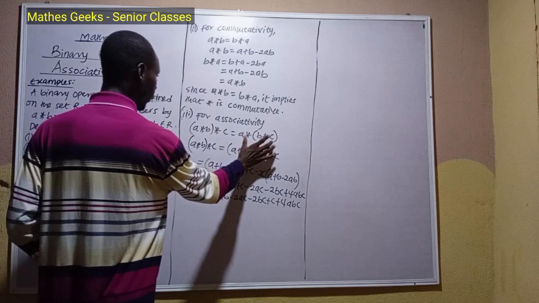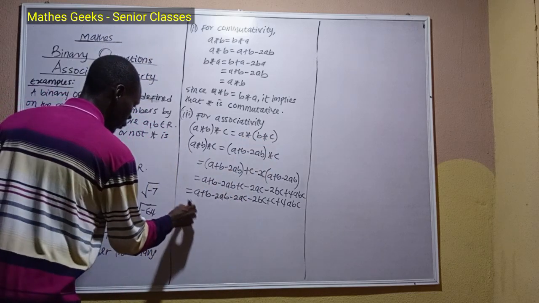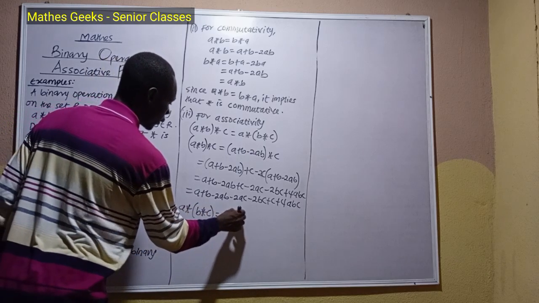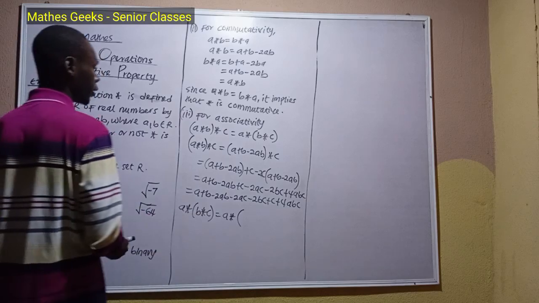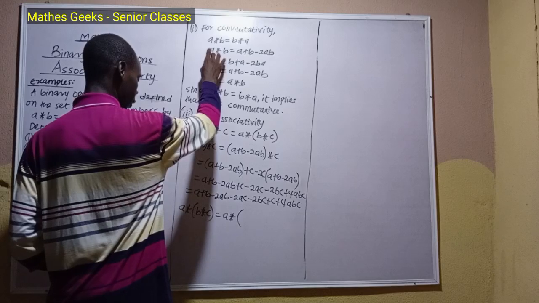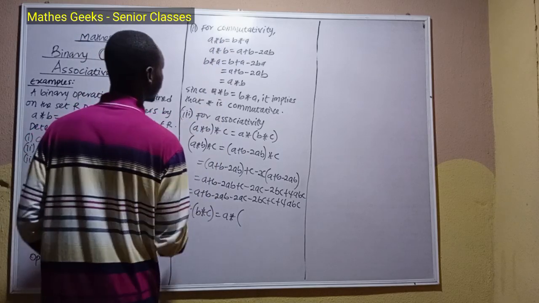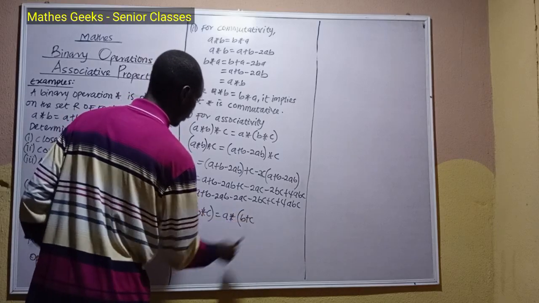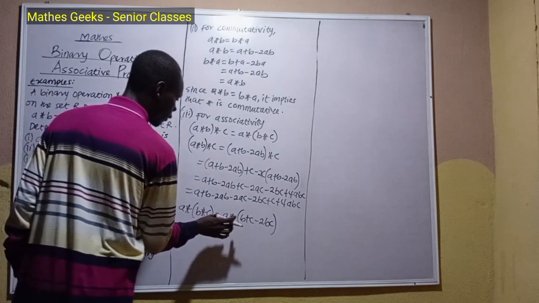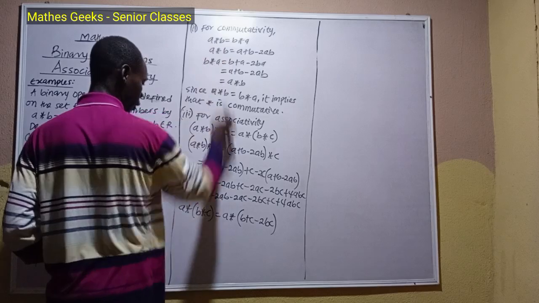Now let's check if this part would also be equal to this. So A star, B star C. For B star C, compared to this relation, our A is B and our B is C. So that will give us B plus C minus 2BC. Now this bracket is our B here, and our A is still A here.